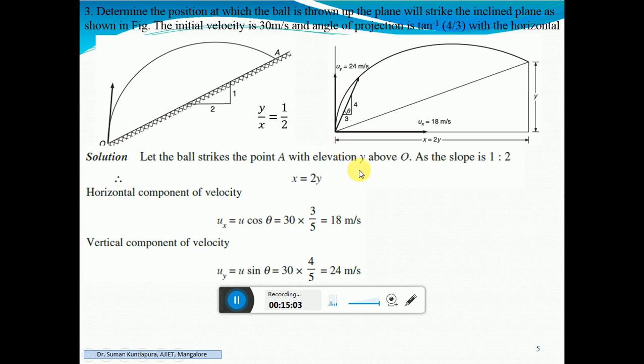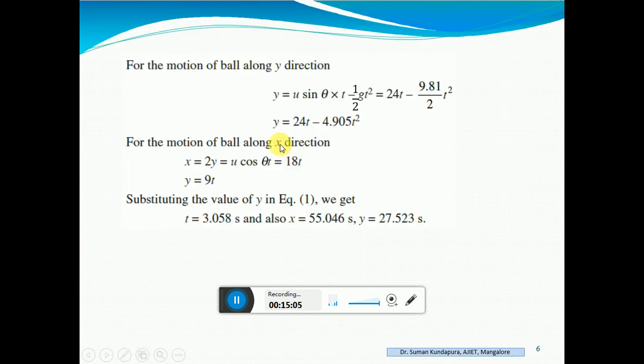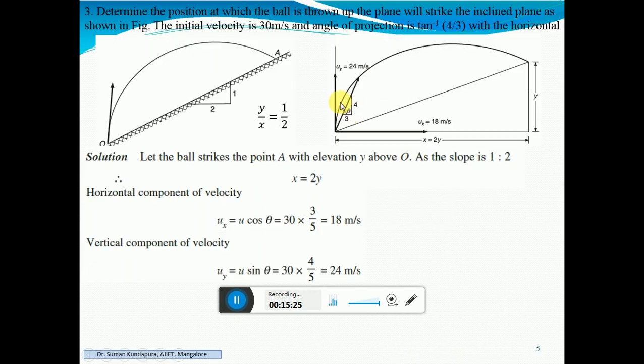Next, you are supposed to find out the x and the y. I think in video 1 of this module, I have explained how we arrived at the x coordinate and y coordinate at every point.